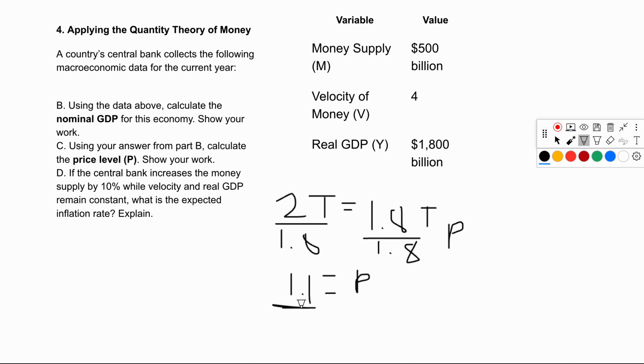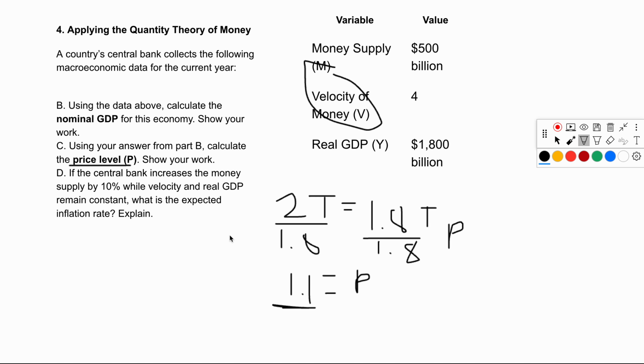Or sorry, that's the nominal GDP. So the nominal GDP would be 2 trillion. Nominal GDP is this. Then the P here, sorry, we were calculating the wrong thing. The P here is 1.1. So M times V, that's the nominal GDP. P is simply 1.1. We solved it using the algebra problem.